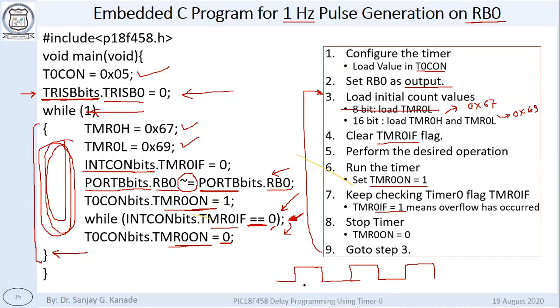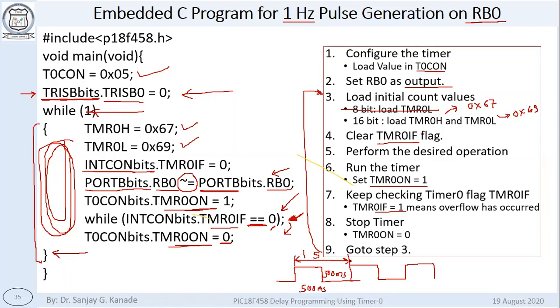Every time we have 500 milliseconds. Here also we will have 500 milliseconds, right? So both the on as well as the off state will have 500 milliseconds, and that is how we get a total of 1 second here. This is a 1 second time period, right?